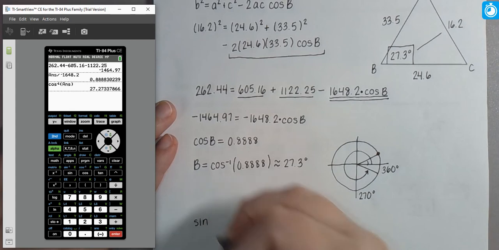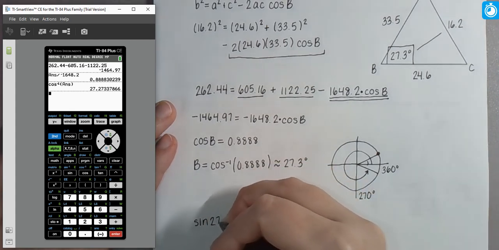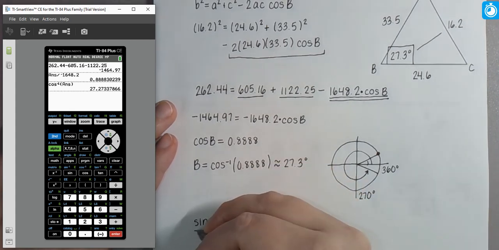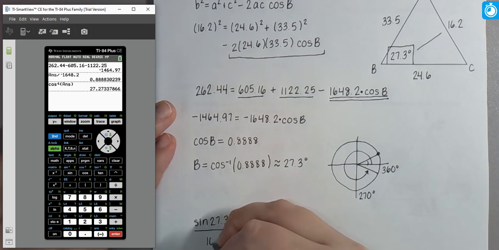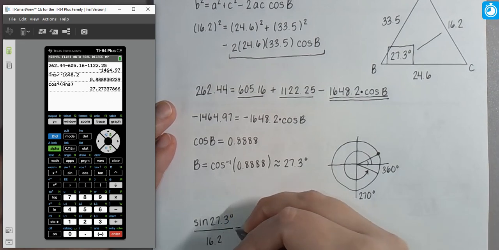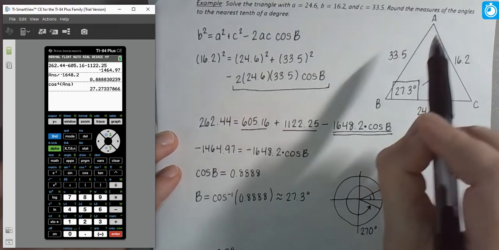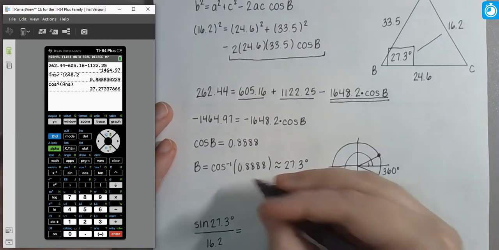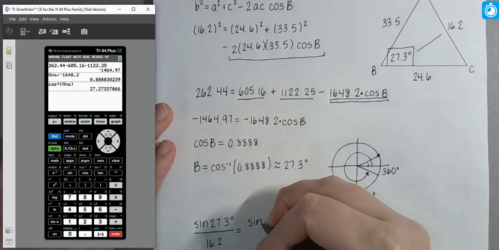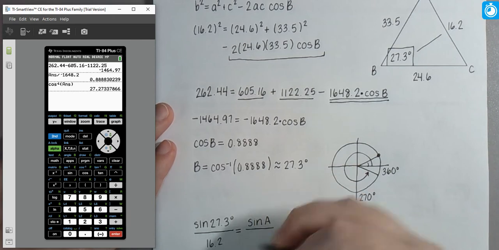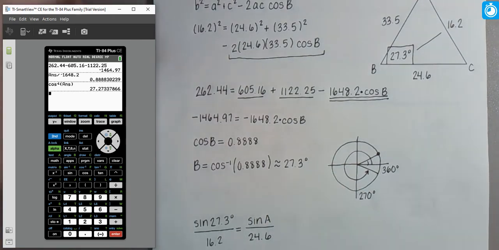So the sine of 27.3 degrees divided by the opposite side length, 16.2, is equal to the sine of my unknown angle, in this case angle A, divided by 24.6.